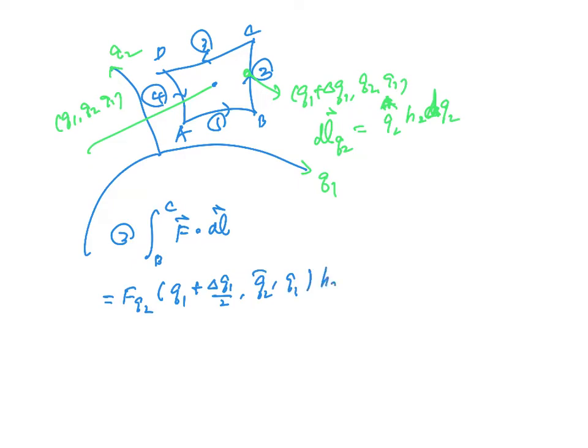Now this is H2, Q1 plus delta Q1 over 2 Q2 bar Q3. H2, same as before, Q1 plus delta Q1 over 2 Q2 bar Q3 times delta Q2.